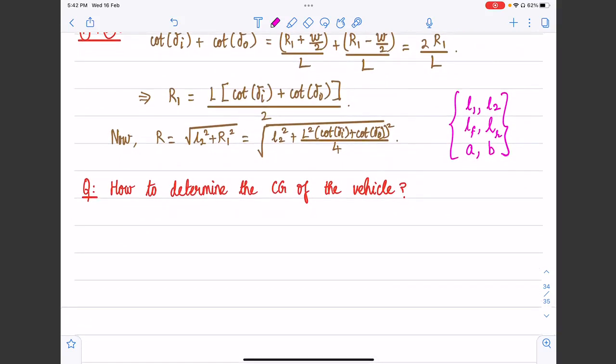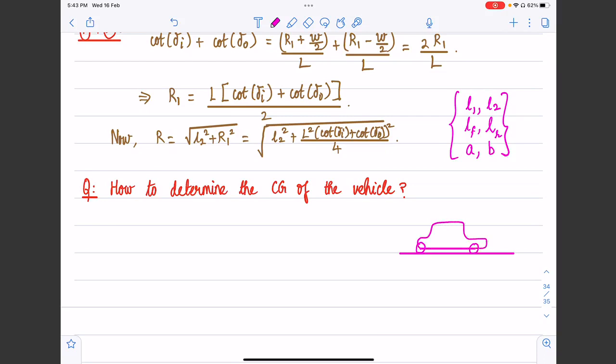Now one way to determine the values of L1 and L2, I'm just drawing a very simple schematic just to convey the concept. Let us say I have a stationary vehicle, and I consider this to be a car.